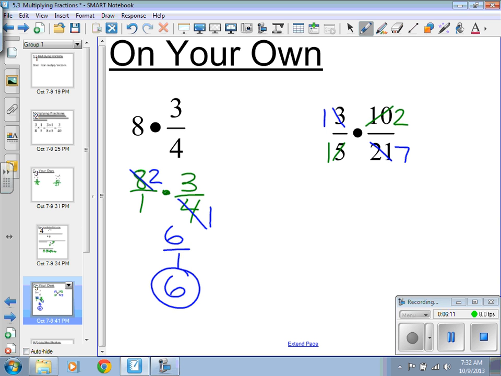I'm left with, on top, 1 times 2 is 2. And 1 times 7 is 7, leaving me 2/7 as my answer. Neither one of those can be simplified any farther.